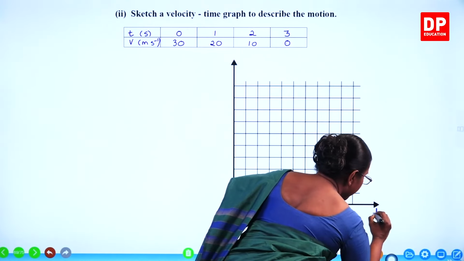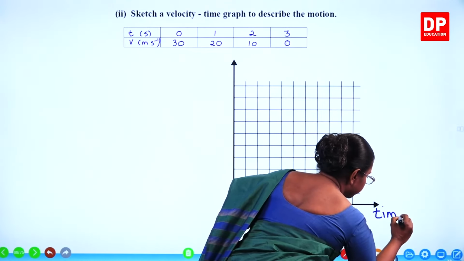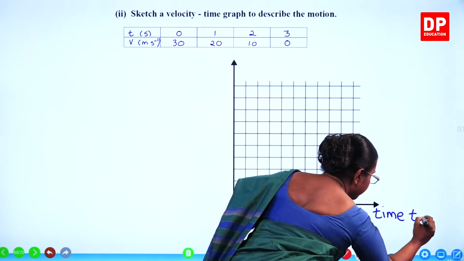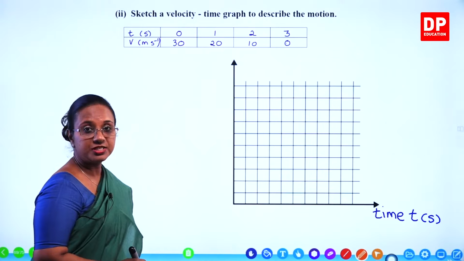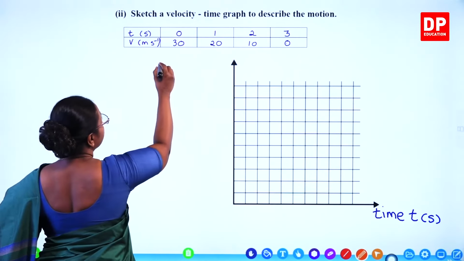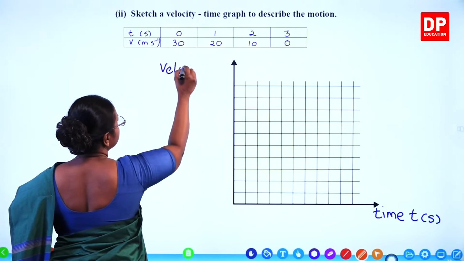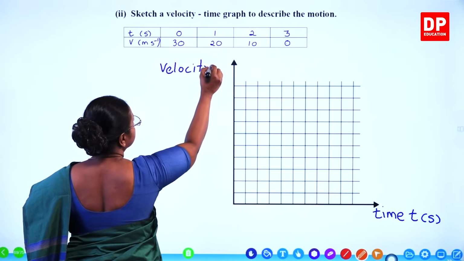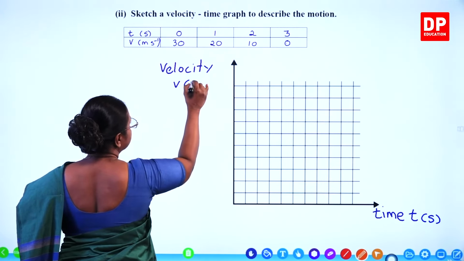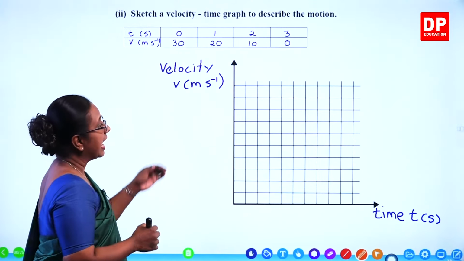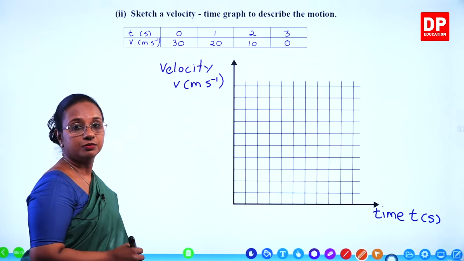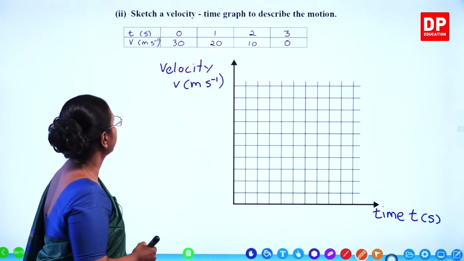The x-axis becomes time, t seconds, and it is a velocity time graph, so the y-axis is velocity, v meters per second, that is the unit. And then we need to mark the points.